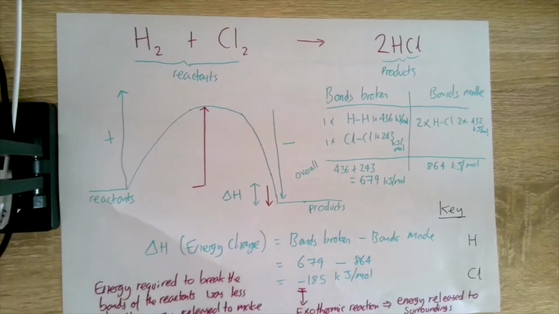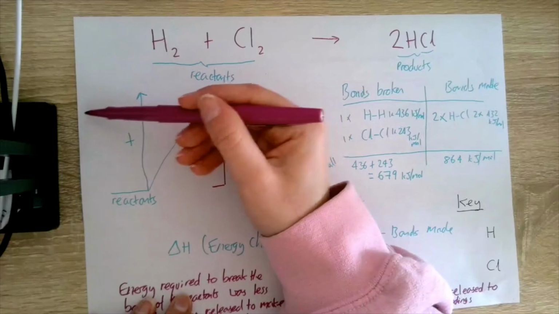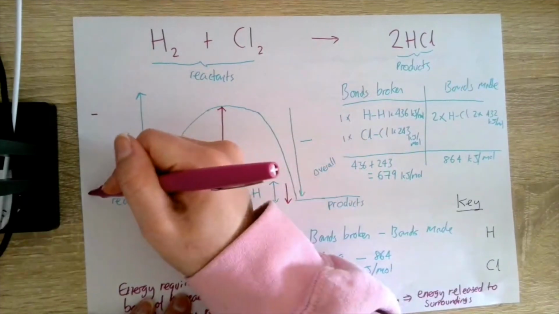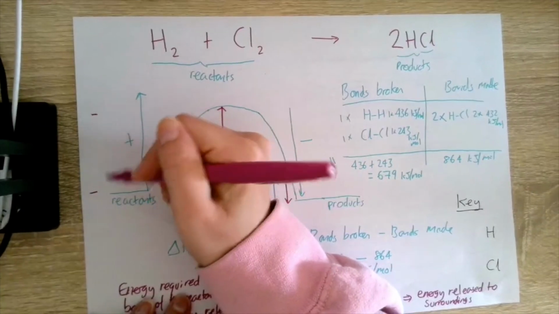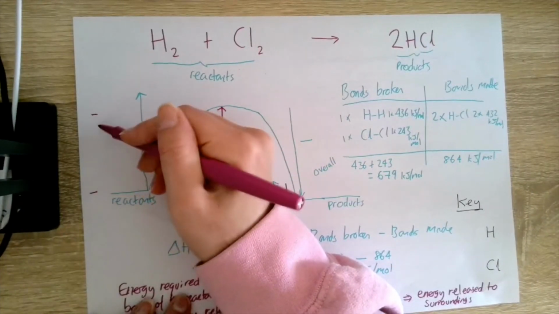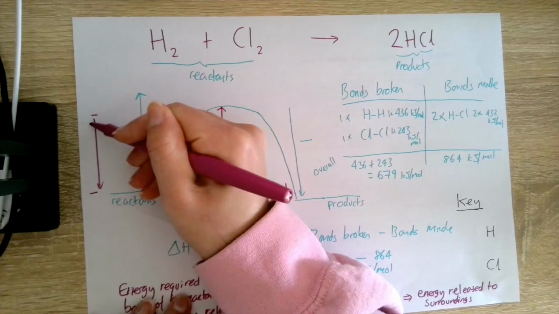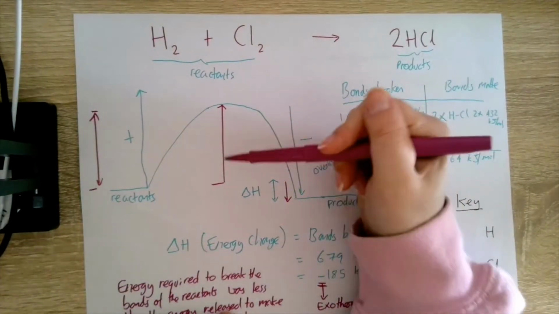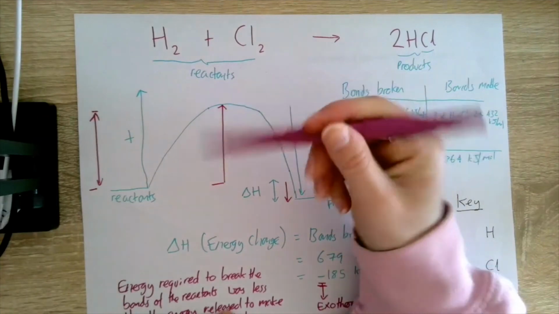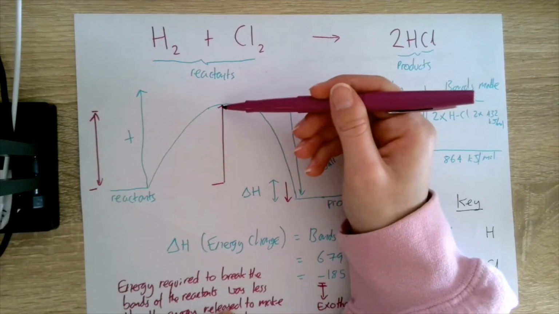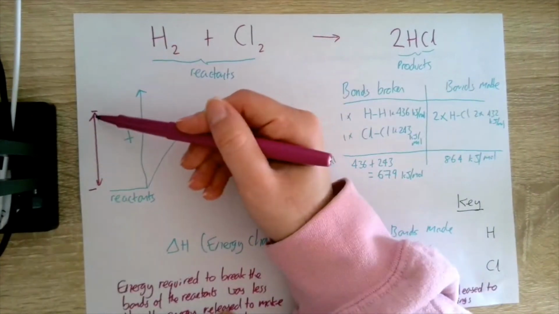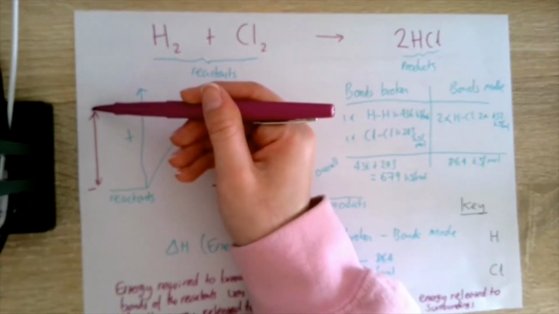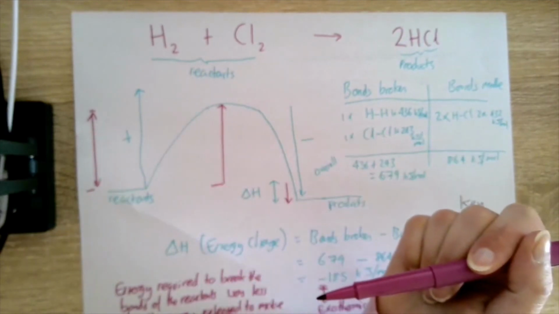So if we were to read off an energy here, our activation energy would need to subtract the energy of the reactants in order to get that difference in energy on our reaction profile. So our activation energy goes from the reactants to the top. So in order to get our value of our activation energy, we read off where the top is and we subtract where our reactants is.